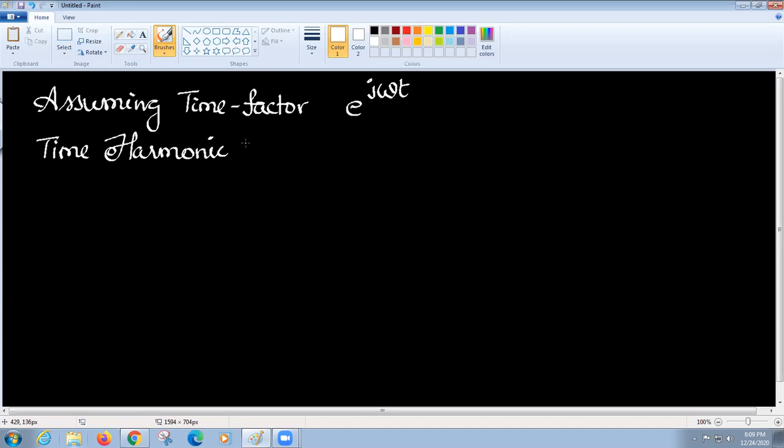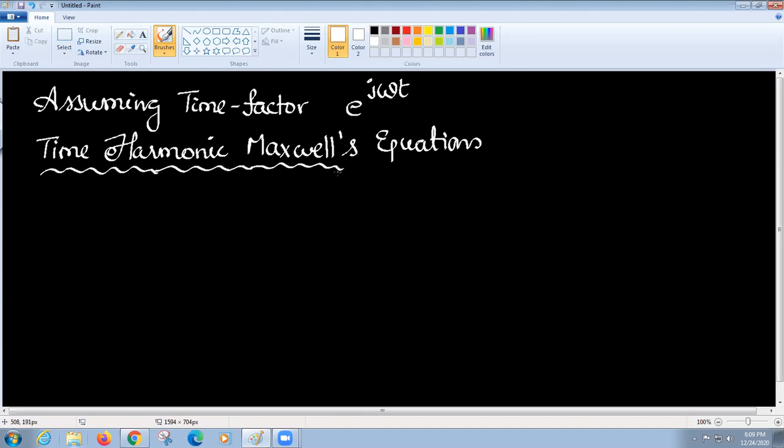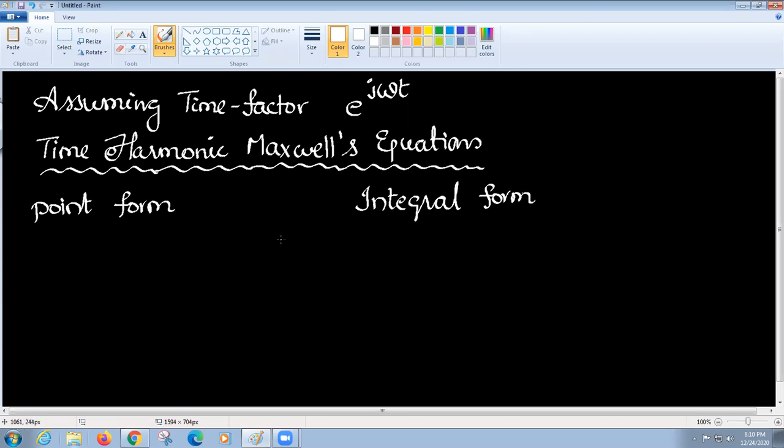The time harmonic Maxwell's equations, both in point form and integral form, we will see, and we'll wind up this session for now. After this we'll wind up, not now, it takes some 3 to 5 minutes. So point form and integral form of Maxwell's equations.